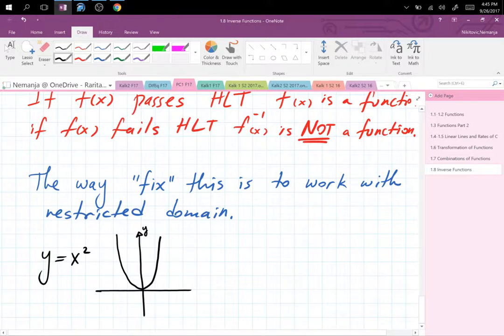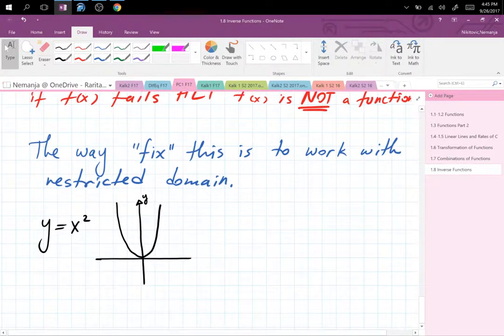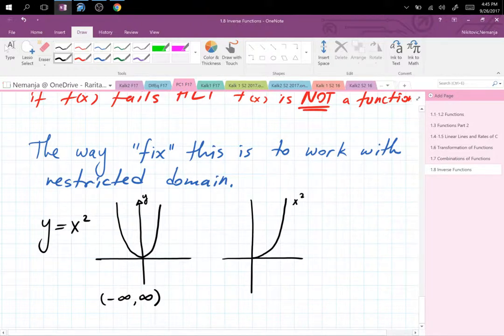So if I remove one of these two branches by restricting the domain, domain used to be from negative infinity to infinity, right? All the real numbers. What I'm going to do now is I'm going to kill the left branch, and this is still x squared graph, but what I did is I restricted domain 0 to infinity.